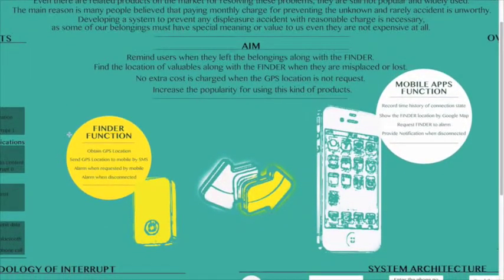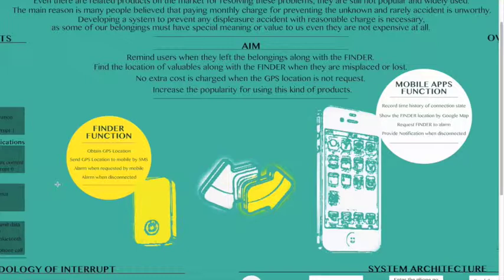What is the aim of our system? First of all, we would like to remind the users when they leave their belongings in the room or somewhere else. Secondly, this system could find the location of the valuables when they are misplaced or lost.